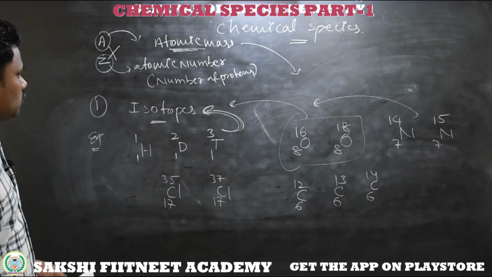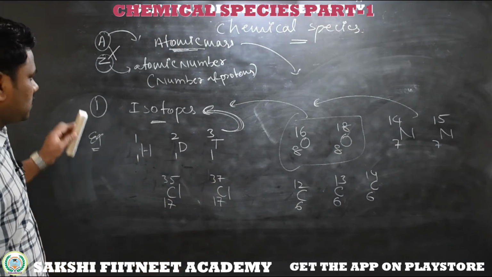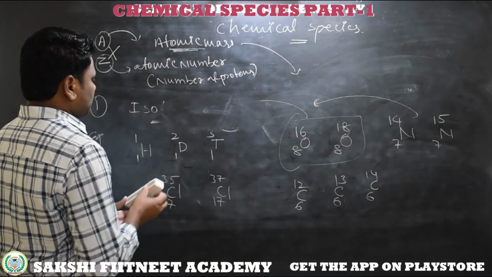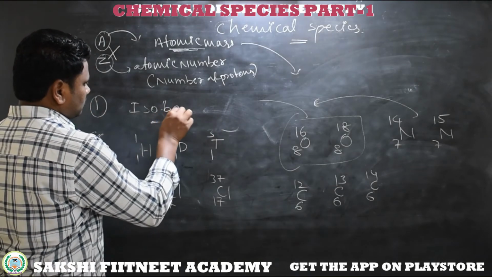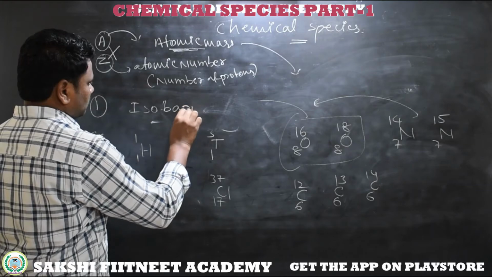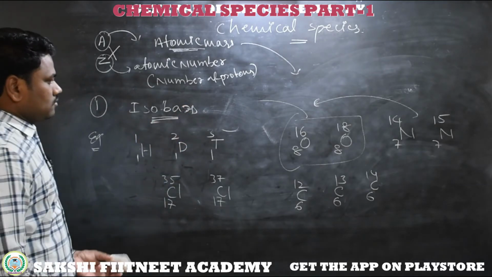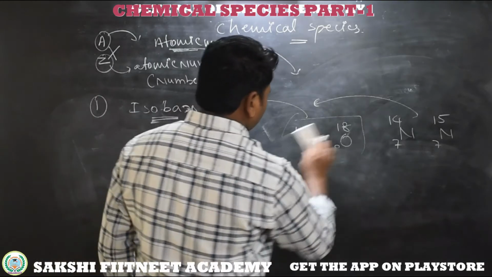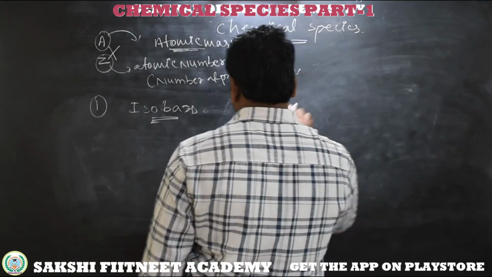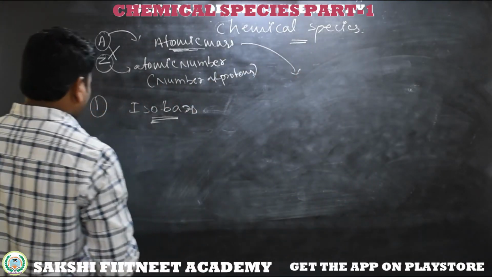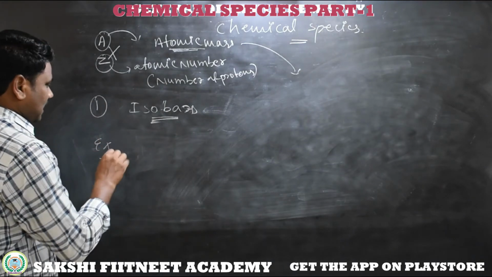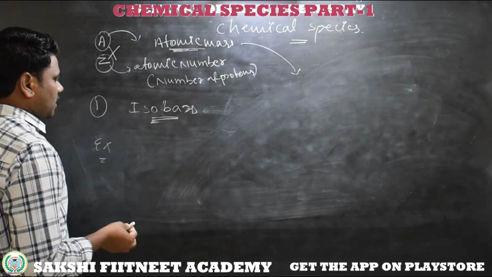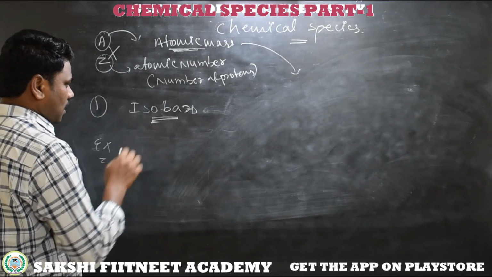So let's move towards isobars. Which are isobars? It's very easy. Elements which have the same atomic mass but different atomic number are called isobars.